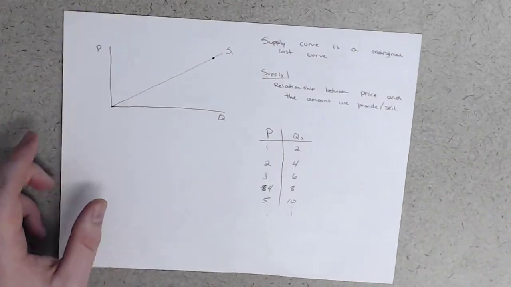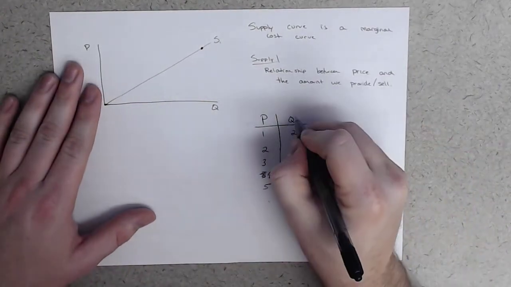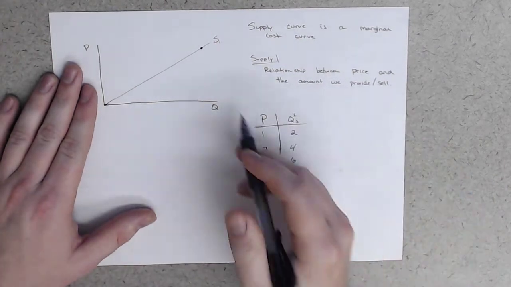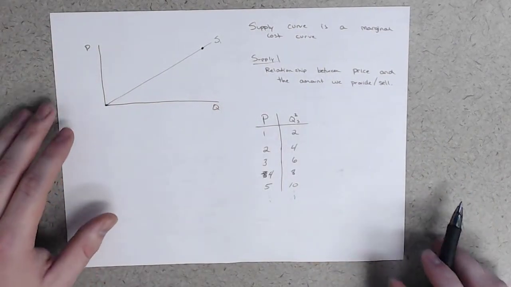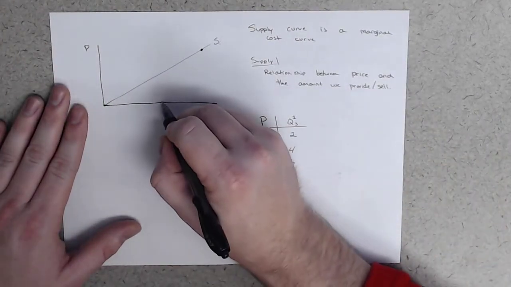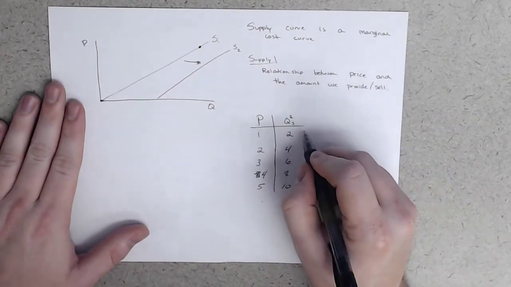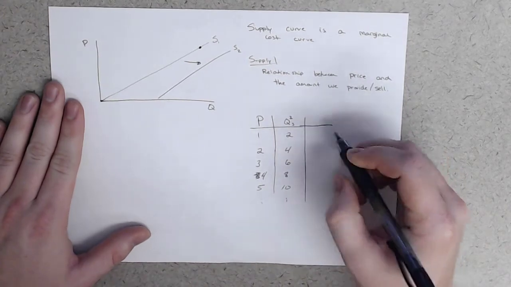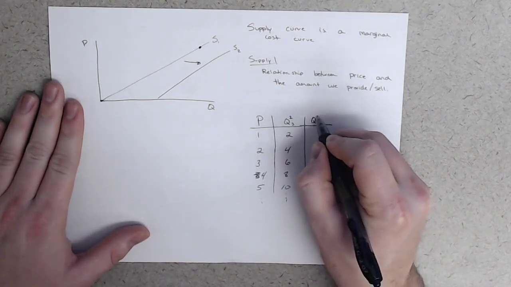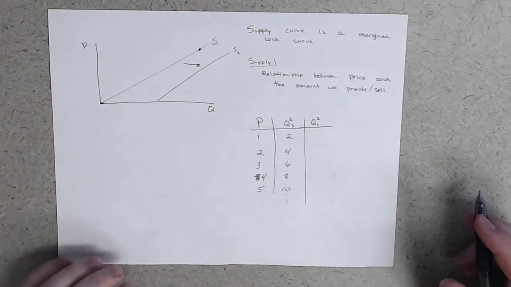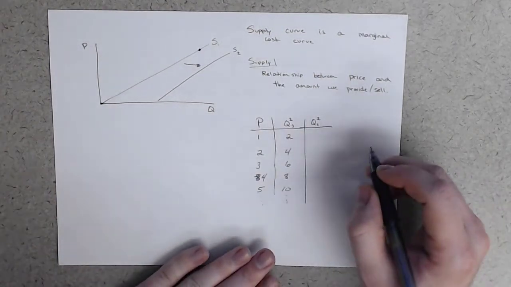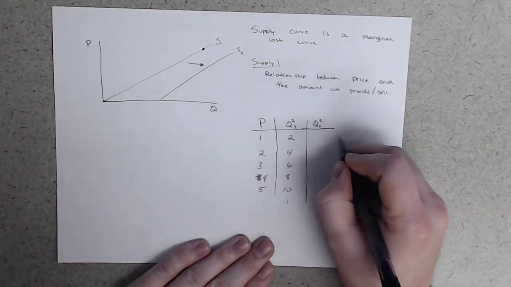And so we can think of it in terms of our table from before. So actually, I'll just bring that back. Here, you could think of this as the quantity supplied for supply curve 1. And if I were to increase the supply, just to say shift it to the right, we would find that the quantity supplied for supply 2, the second supply curve, would be higher at all prices.